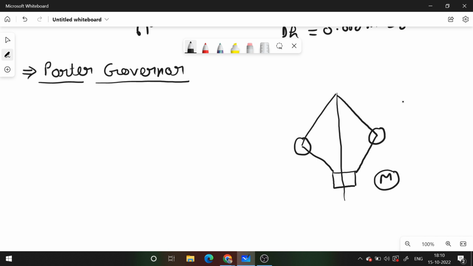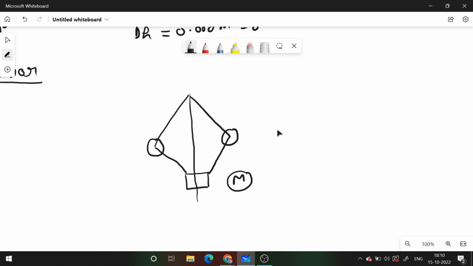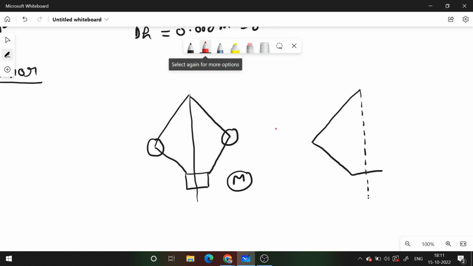So here from the diagram the height of the governor will be h.